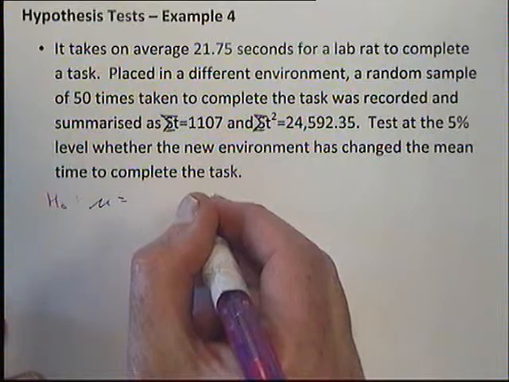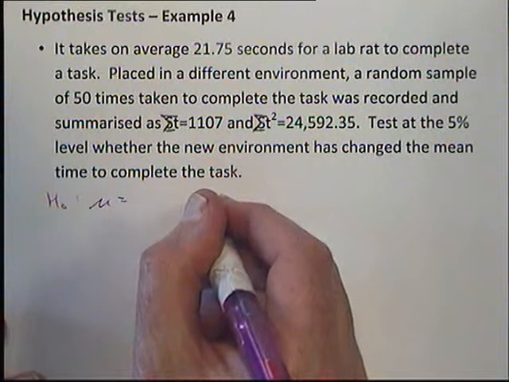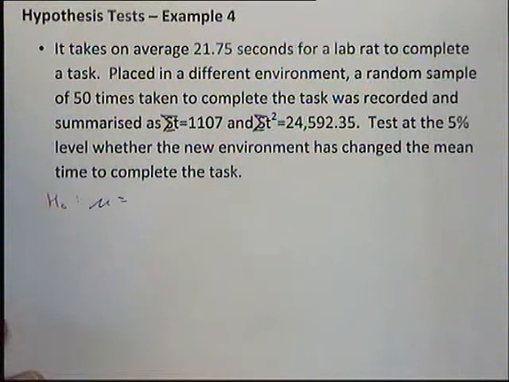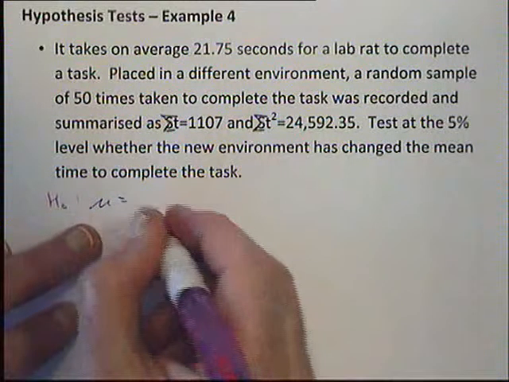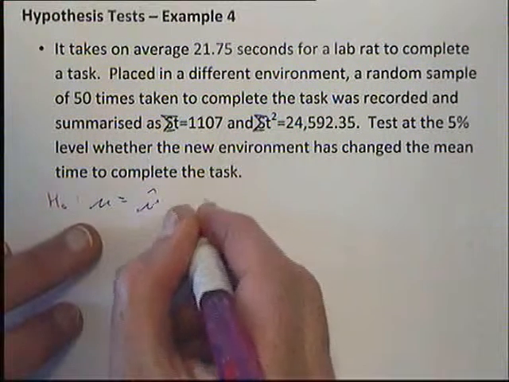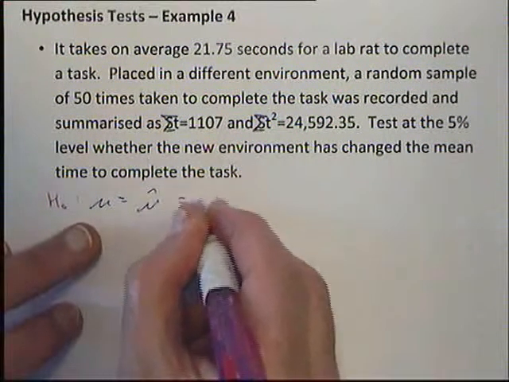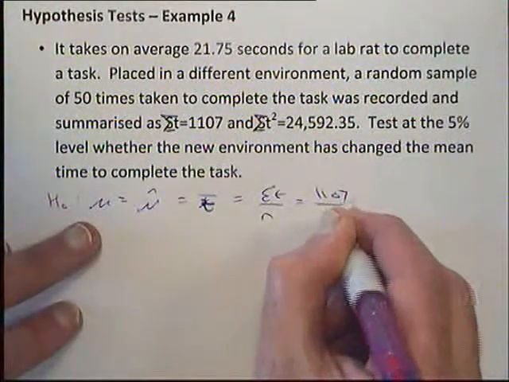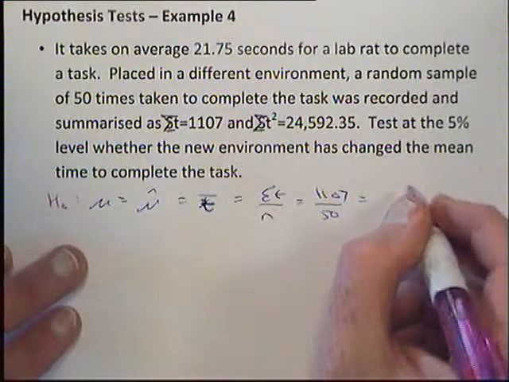What are you working out there, and why are you doing that? Because the sample mean is also the unbiased estimator. Yeah, we do not know mu, so we have to use the unbiased estimator of it, which is x bar, or t bar in this case since we're using t, so that is sigma t over n, 1107 over 50.